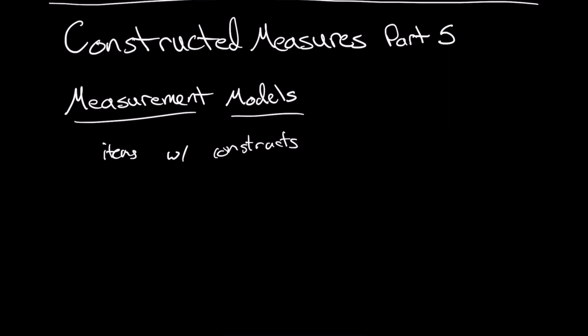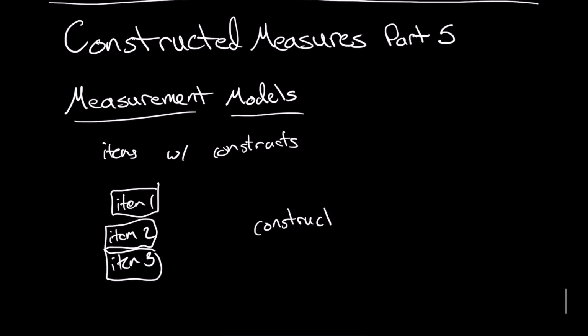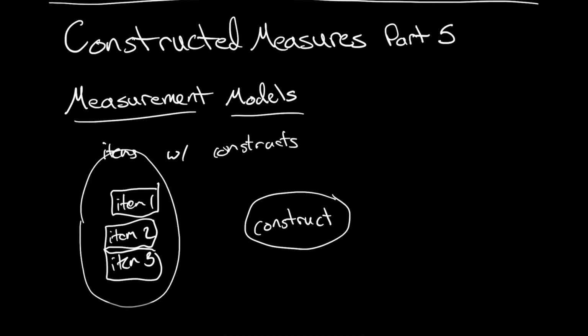So, in one of the most general senses, we can think of item 1, item 2, and item 3 in a relatively straightforward assessment where we only have 3 items, we get 3 scores, and they're related to our construct. I'll go over more about these types of diagrams later, but what is the connection between our items and our construct?